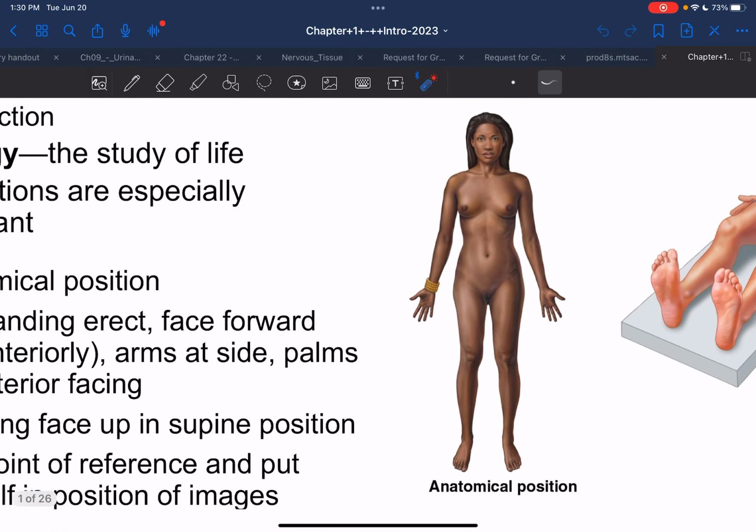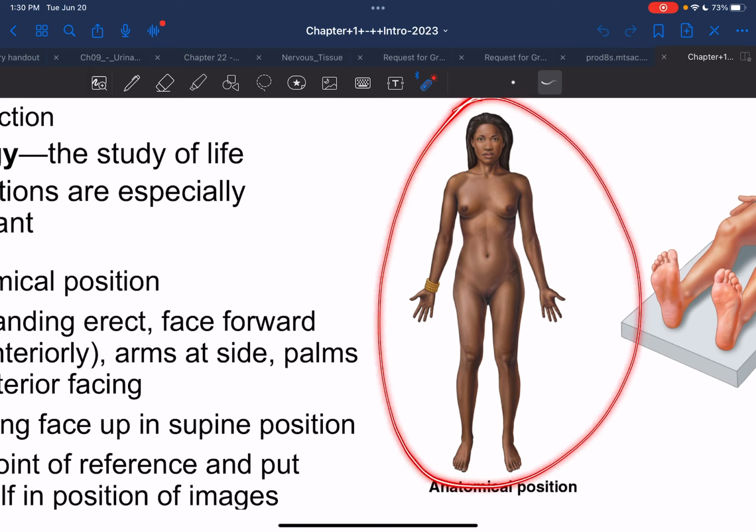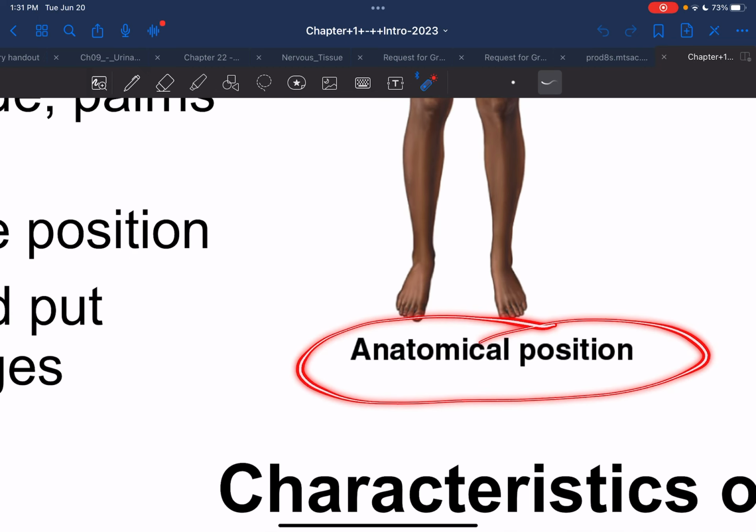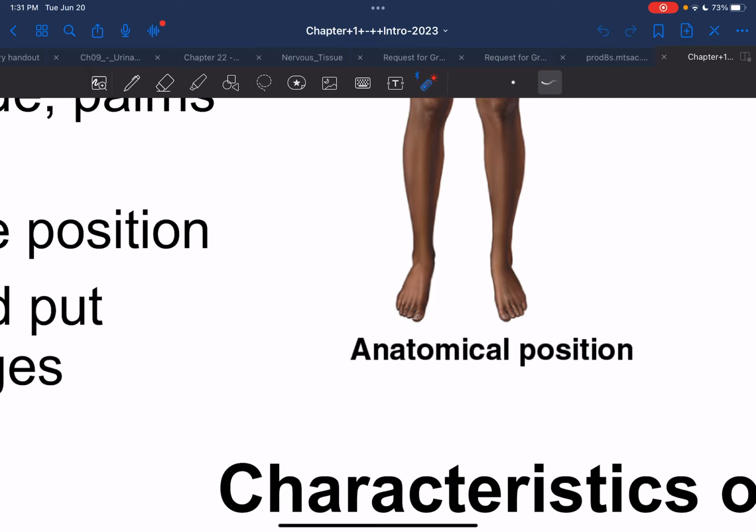Now, the first place to start is anatomical position. When you are describing the body, we all need to be able to hold on to this image of a person, so that if we're verbalizing about the body, we have the same picture in our head. That starting position is called anatomical position.